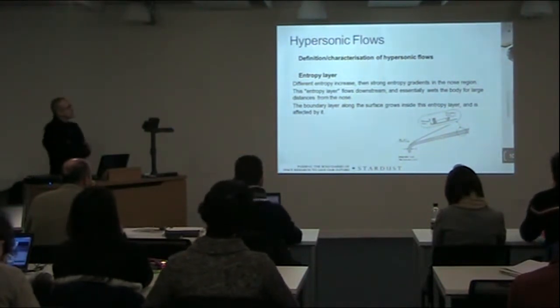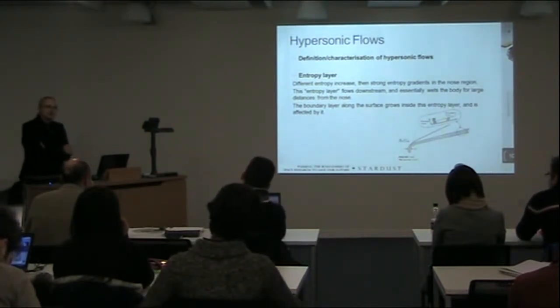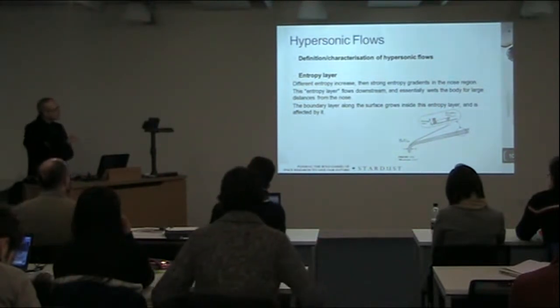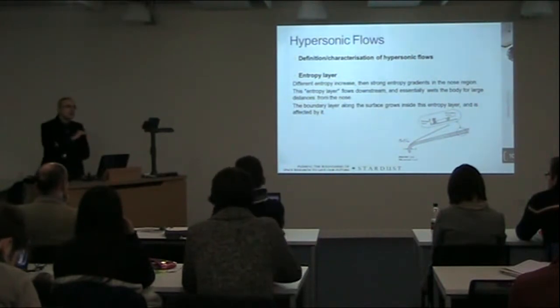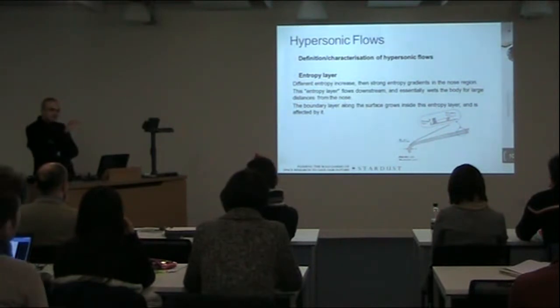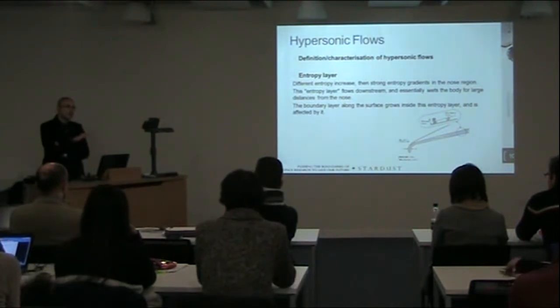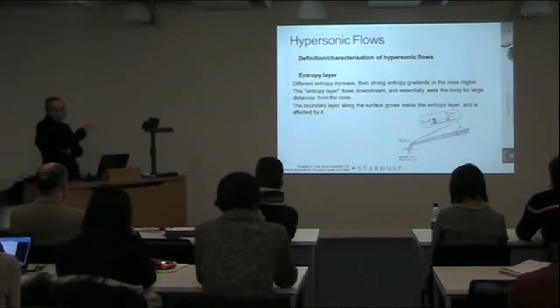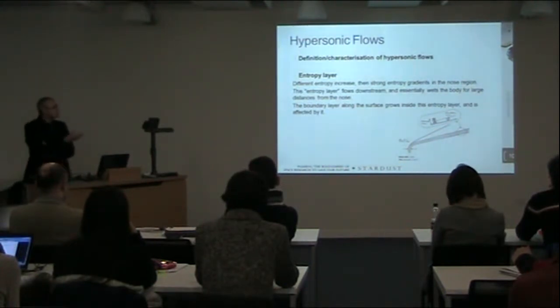The flow passing through the shock wave increases the entropy, but the increase of entropy, due to the shock wave being curved around the blunt nose, is different when you move from the axis of the body toward the external direction.